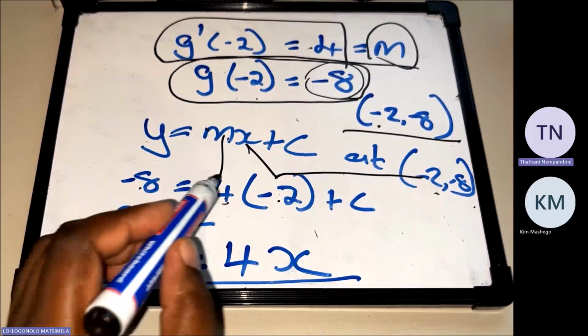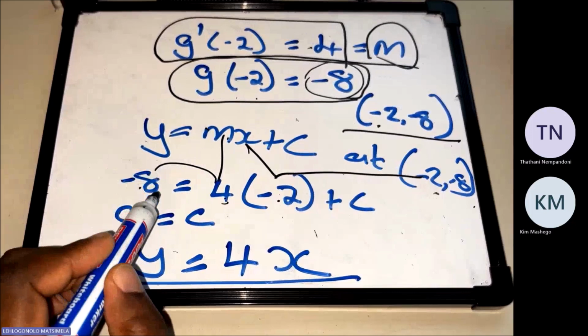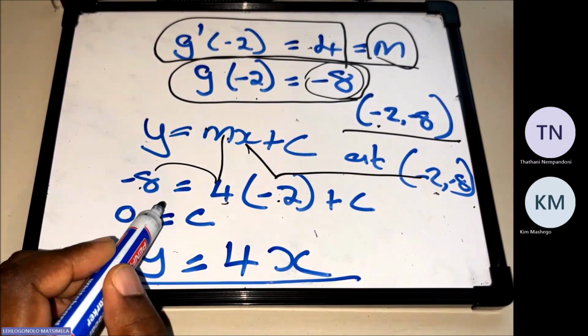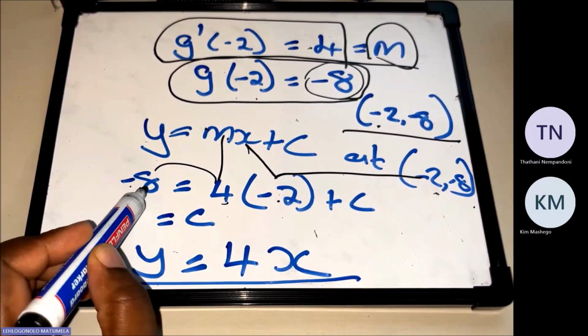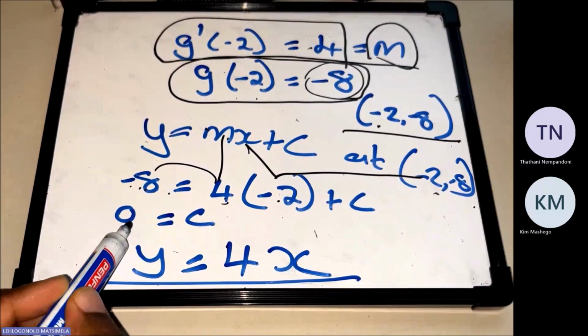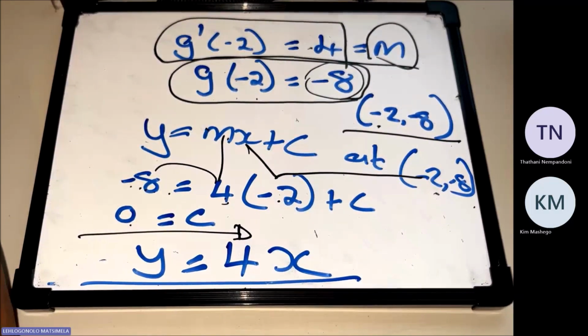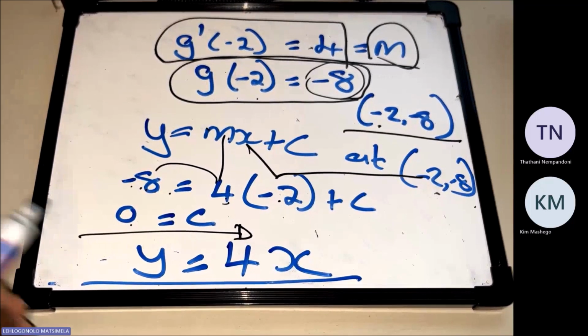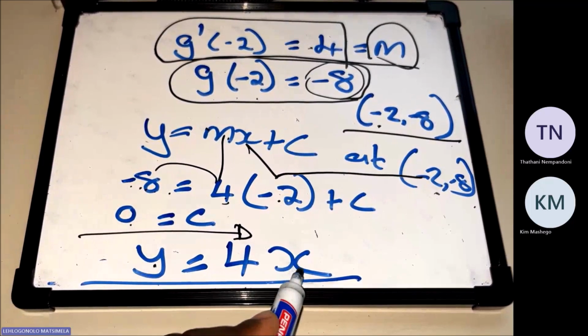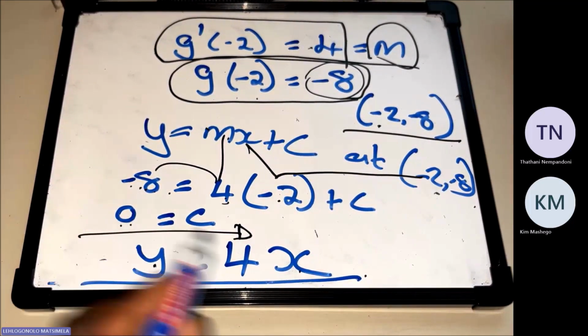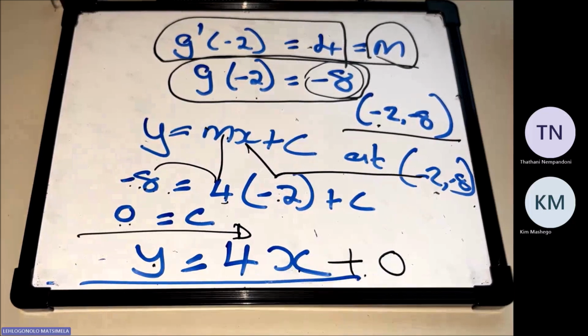Then we will take -8 to the other side of the equation sign. We multiply by negatives, it's gonna give us +8. Then we will have -8 plus 8, which gives us 0. That's why I said the value of c here becomes 0. And then from there, y is equals to mx plus c, which is 0. I can just write nothing or just write plus 0. There we are.